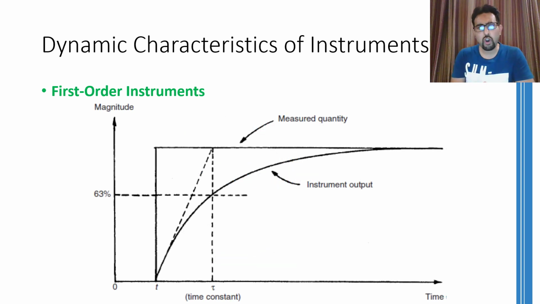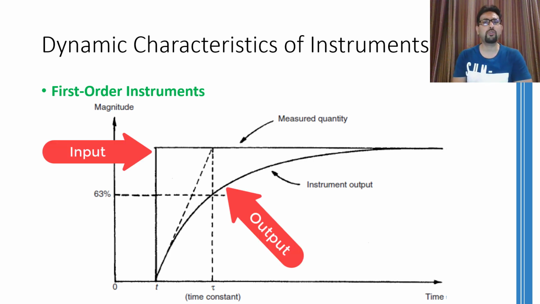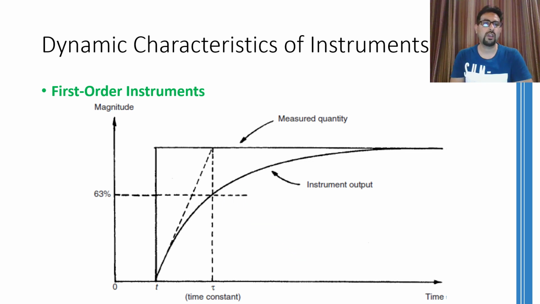So the first order instrument will have an output like this. As soon as the measured quantity or the input changes, the output starts changing slowly. The time constant is the time that the output takes to reach 63% of the final value. Depending on the time constant, this output curve can be faster or slower to rise.